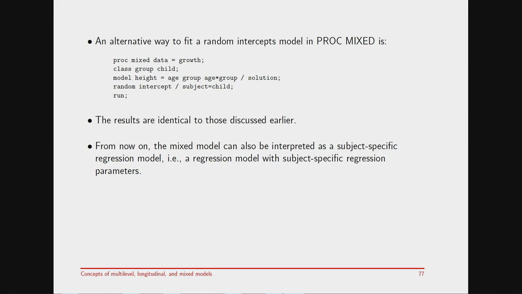So this syntax here, or the syntax that we have seen a few pages ago, would create exactly the same output. It's just a different interpretation of the same model. But this is an interpretation that will open many opportunities.